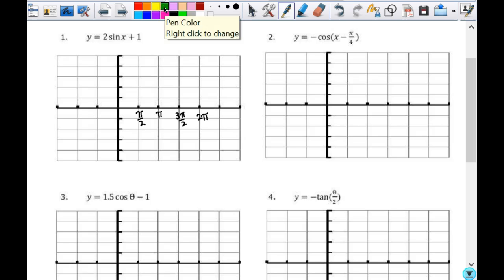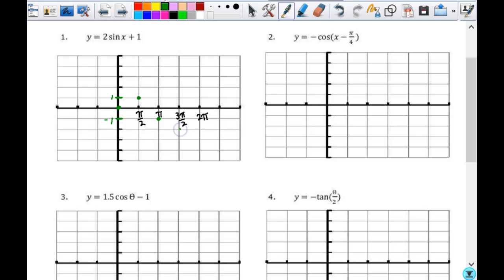So the first thing I'm going to do is graph my parent function. And we are using each one of these as 1. Okay, so it's going to be a little bit squished, but this is my 1 and my -1. So for sine, this is 0, this is 1, -1, what did I do wrong? Why does that not work out? Oh, that's right. That one's wrong, that's why.